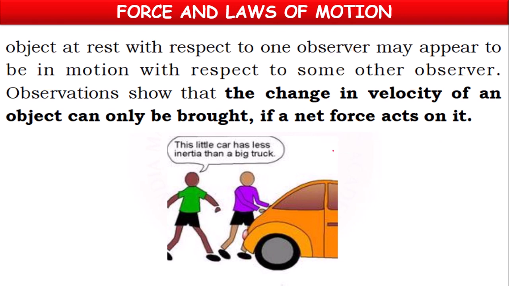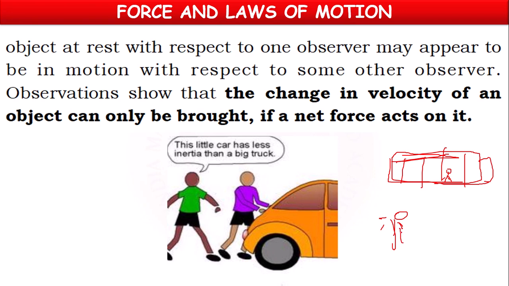Or let me take another example, which all of you might have observed. When you are traveling in a train, you observe that the trees, poles and other objects appear to be moving.